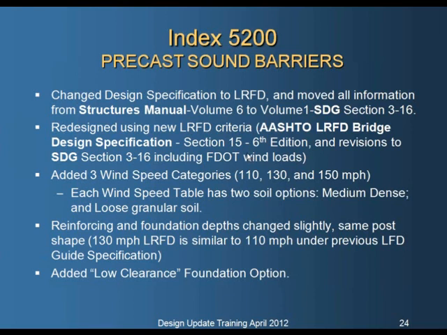As part of that wind loading, we're now consistent with providing 3 wind categories: 110, 130, 150 mile an hour. We're still providing 2 options for the soil density, and the bottom line with this change is that the new 130 mile an hour LRFD wind load is approximately equivalent to the old 110.